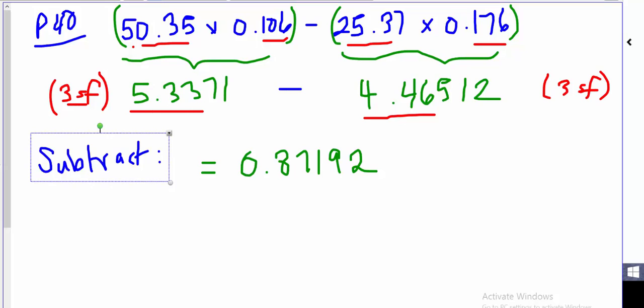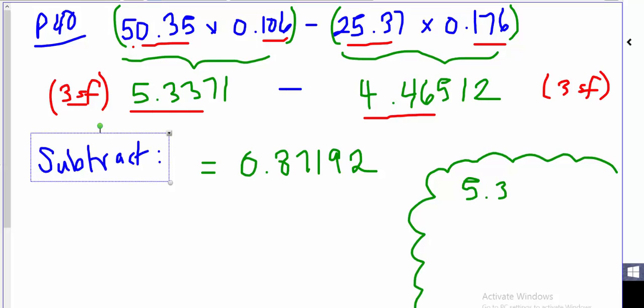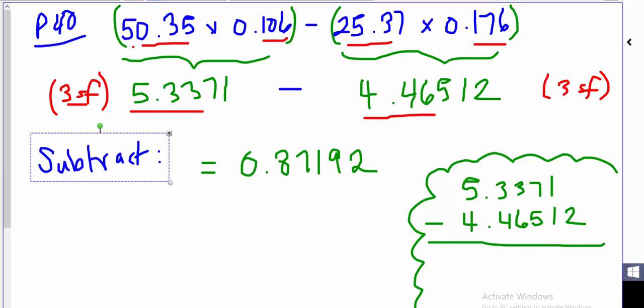Just going to take you over here for a moment. If you were to do the subtraction down the page, okay, there we go. We're still doing the subtraction in the same way.